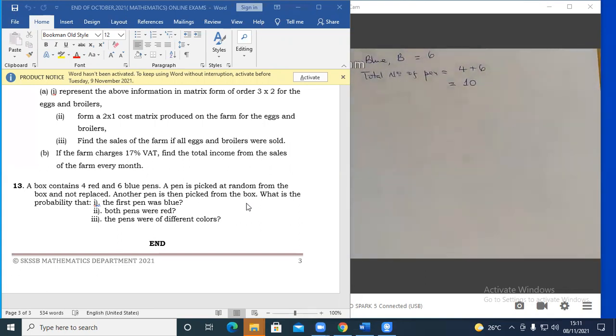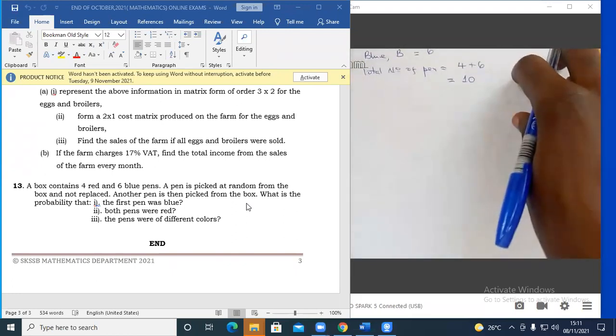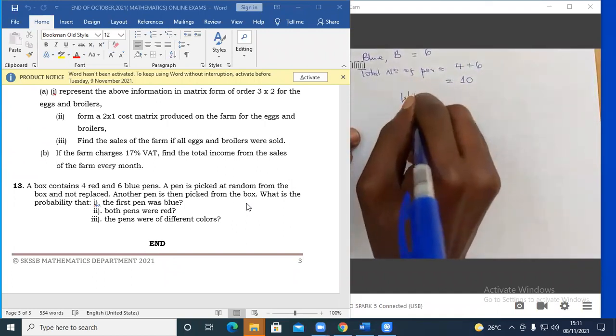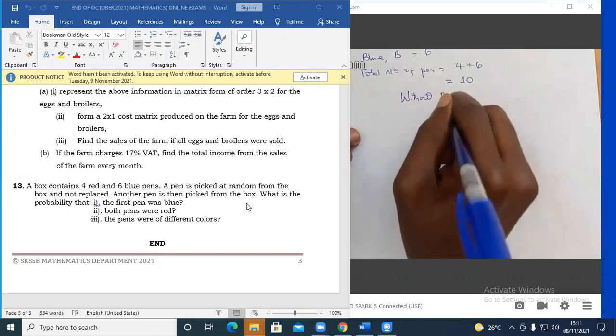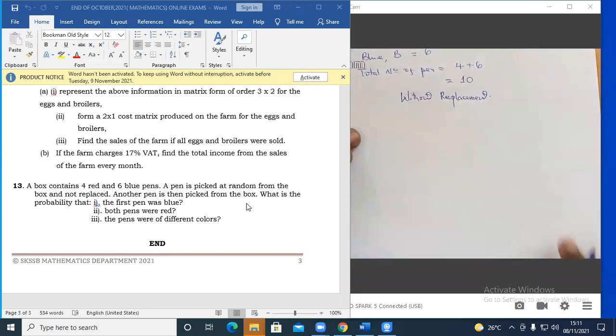The first one and then the second one. But all in all, it was without what? Without replacement.